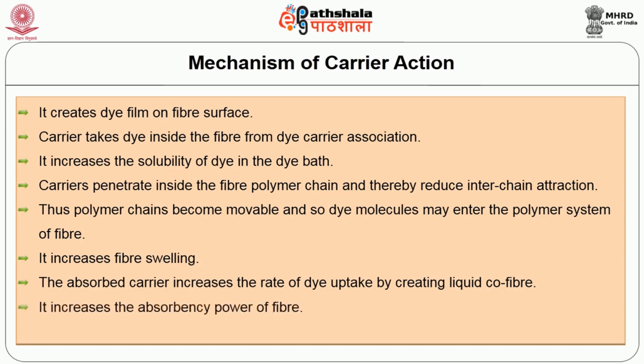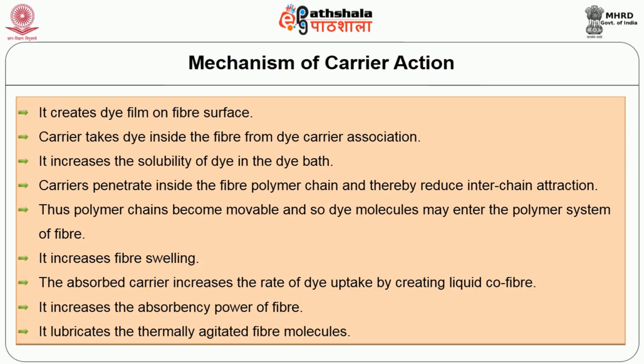It creates a dye film on the fiber surface. Carrier takes dye inside the fiber from dye-carrier association. It increases the solubility of the dye in the dye bath. Carriers penetrate inside the fiber polymer chain and thereby reduce interchain attraction.